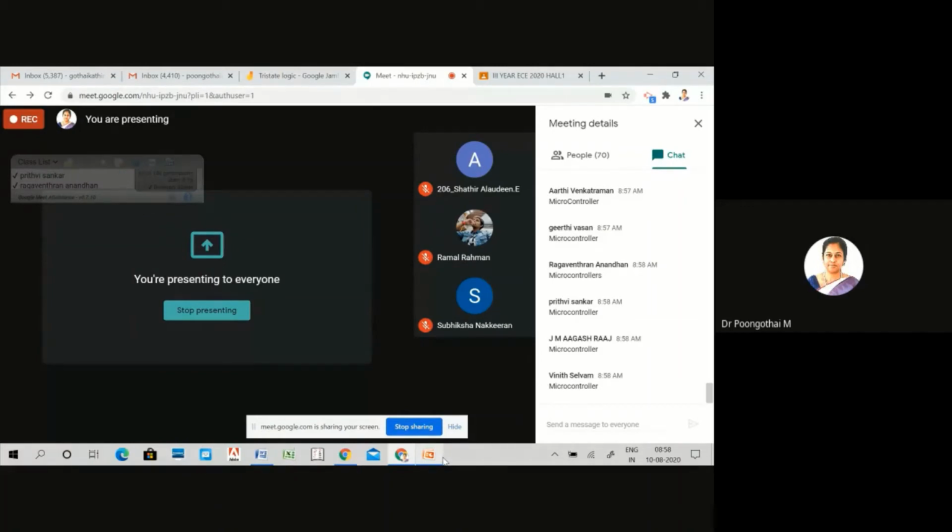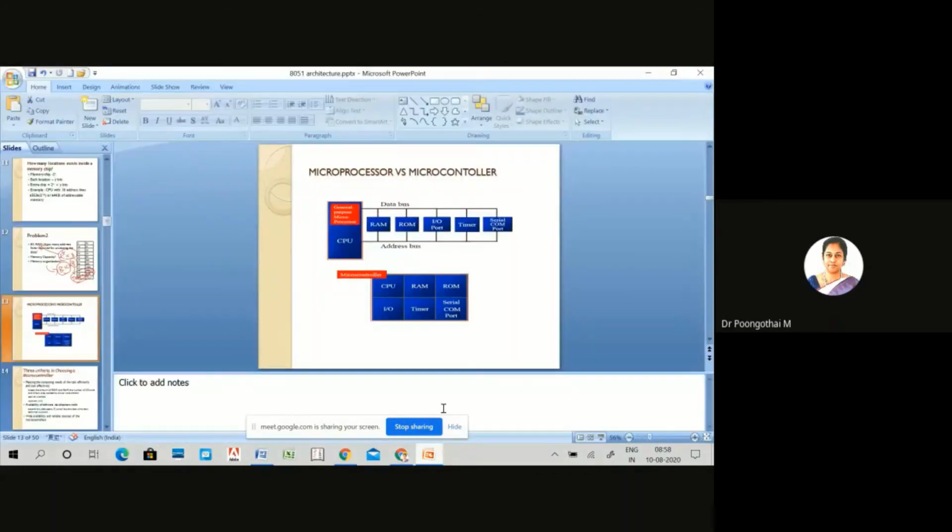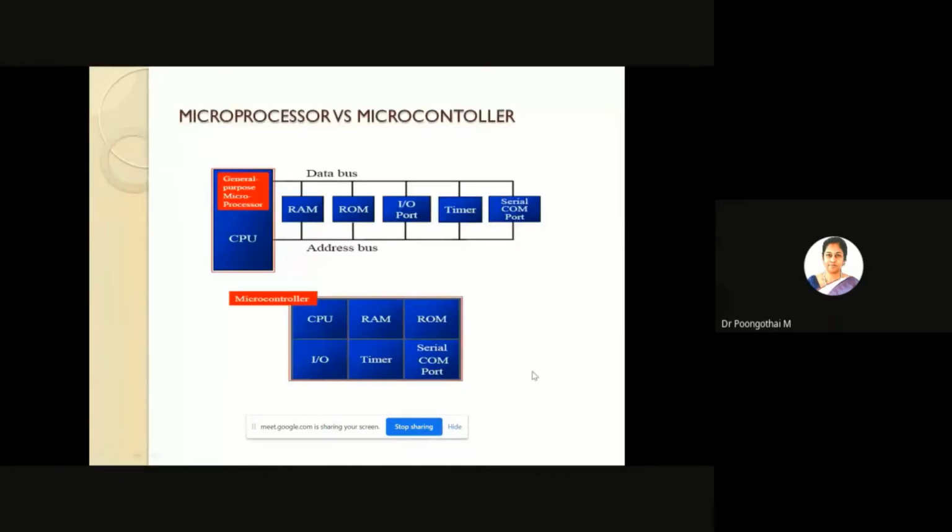And second point, microprocessor is used for general purpose application, microcontroller for specific application. Third one, in microprocessor, the designer can decide on the amount of ROM, RAM, and IO ports.